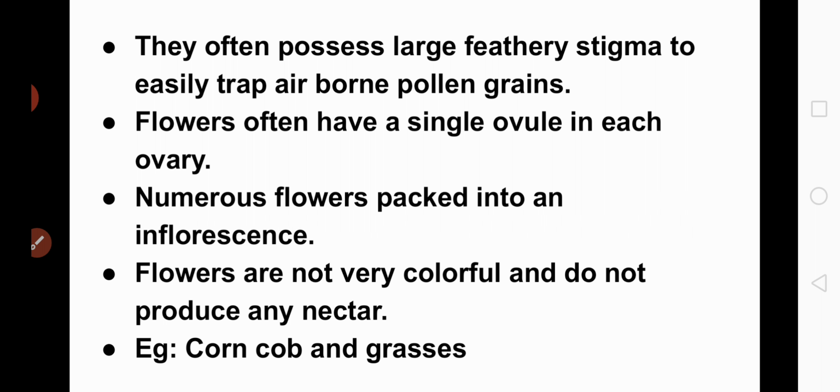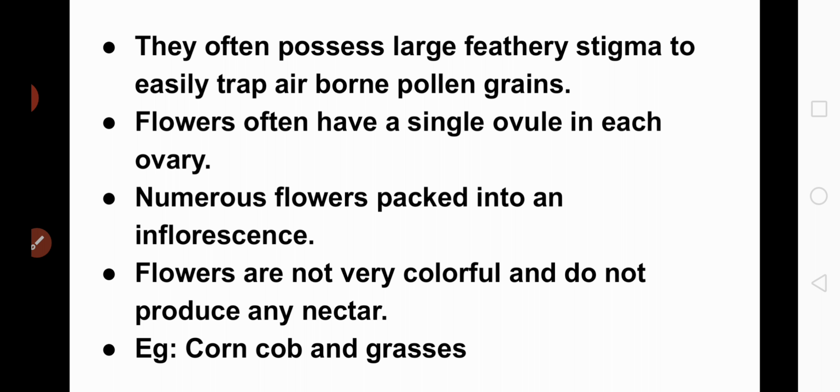Why is it so? Because due to variation in wind speed, the pollen losses are high. So the chances of multiple pollen grains being dispersed onto the stigma are very less. Thus, wind pollinated flowers have a single ovule in each ovary.